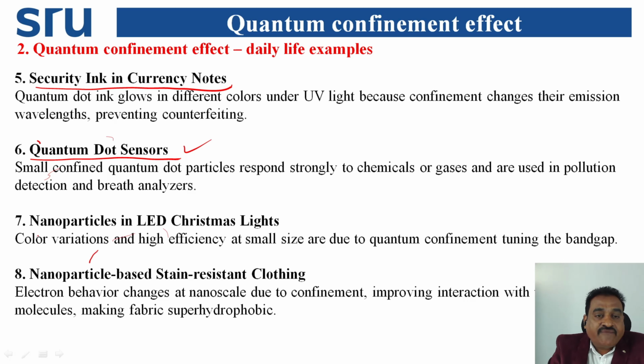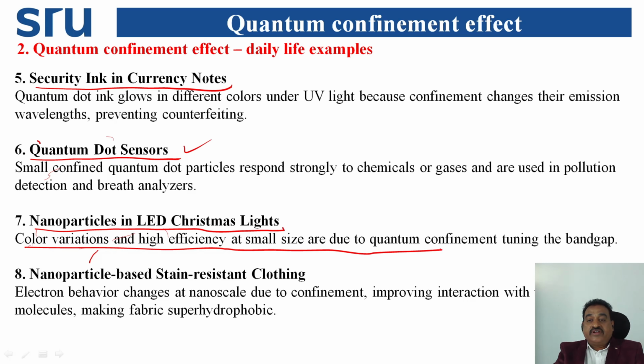So another daily life example, you can see nanoparticles in LED Christmas lights. Color variations and high efficiency at a small size are due to quantum confinement, tuning the band gap. Nanoparticle based strain resistance clothing.